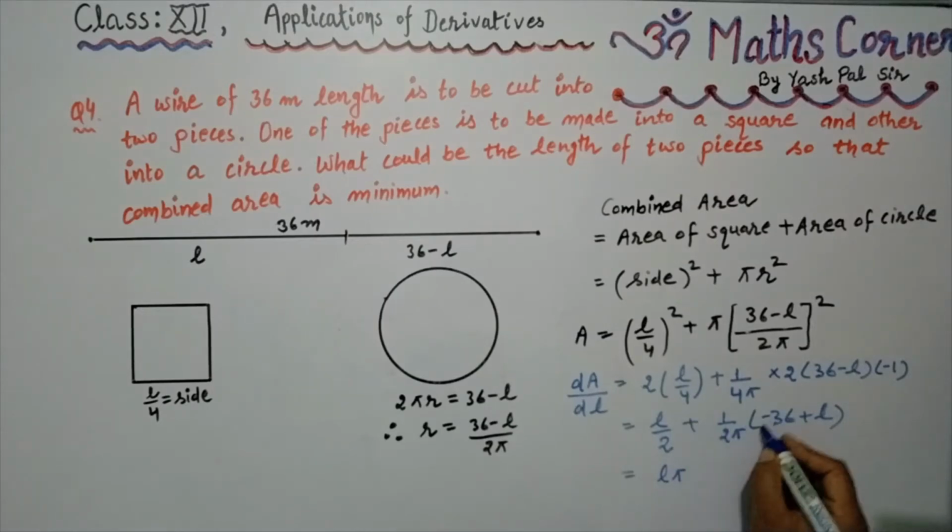Now taking LCM, we have L into pi minus 36 plus L divided by 2 pi.